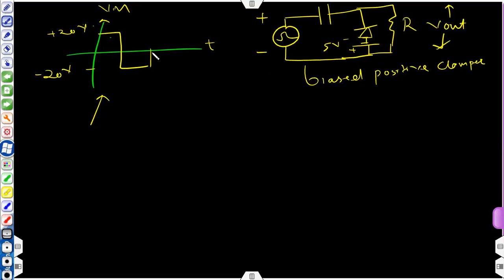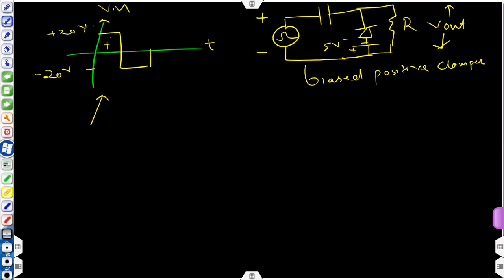You can see that during the positive half, plus will be here, minus will be here. So for this DC voltage source, the negative terminal is connected to the P side, and here the positive is connected to the N side, so the diode will be off.